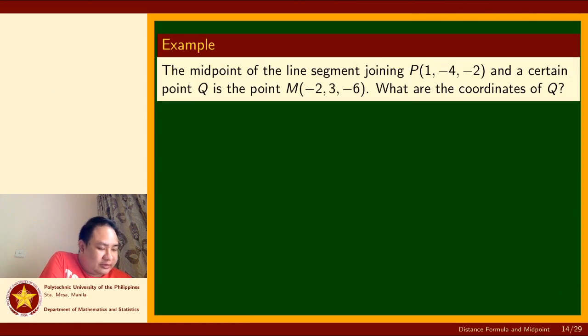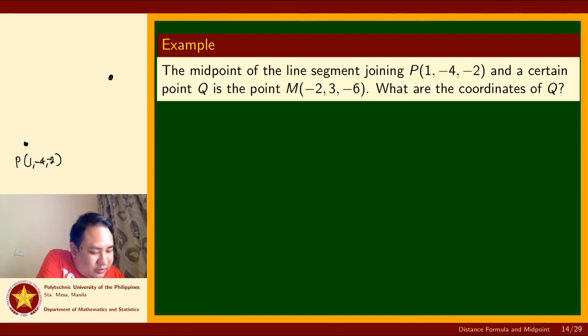As an exercise, the midpoint of the line segment joining P and a certain point Q is the point M with coordinates as shown. The question is, what are the coordinates of Q? So to draw the diagram, this is the point P with coordinates 1, negative 4, negative 2.